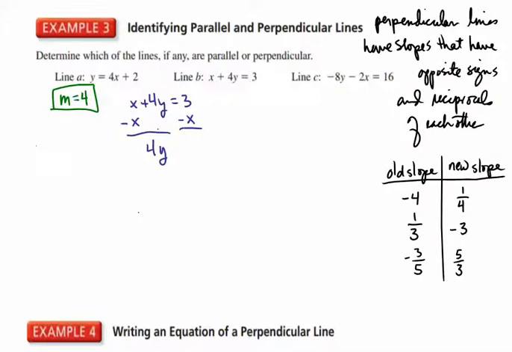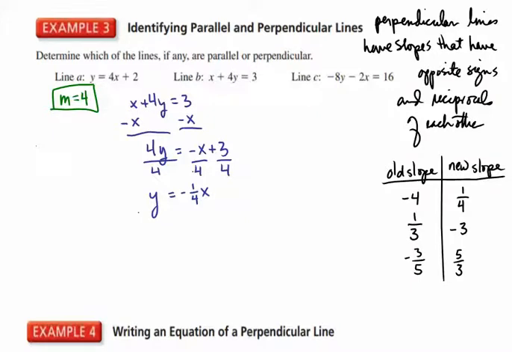So we do that by subtracting x. We end up with 4y is equal to -x plus 3. Divide by 4, divide by 4, divide by 4, and we end up with y is equal to -1/4 x.